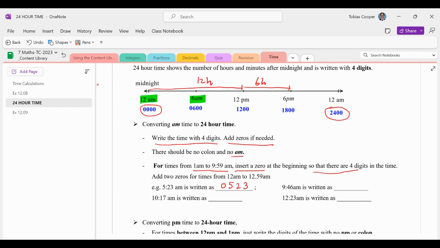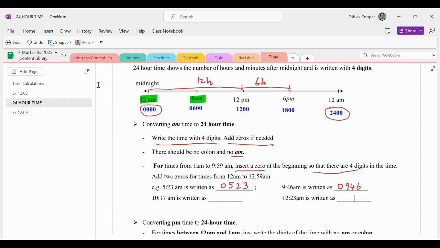So we don't write the 2 dots. We just write the digits with a 0 at the front, and now we've got 4 digits there. So that's 24-hour time. Now 9:46 a.m., that's still in this little range from 1 a.m. to 9:59 a.m. So again, we put a 0 at the front, and then 9, 4, 6, and there's no colon there.